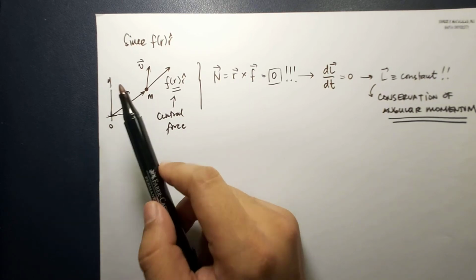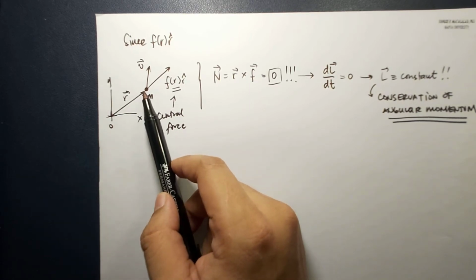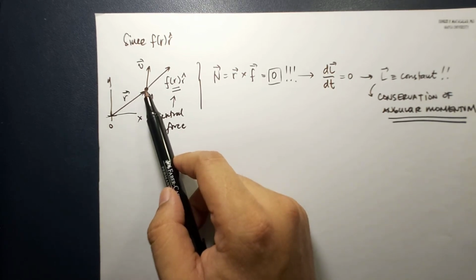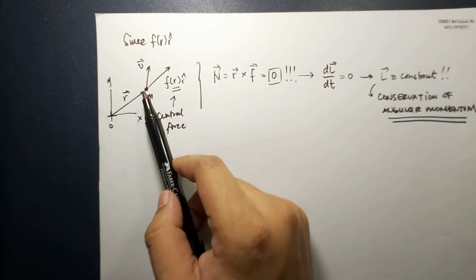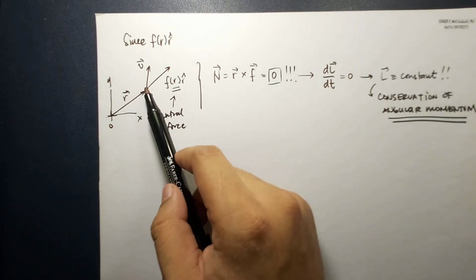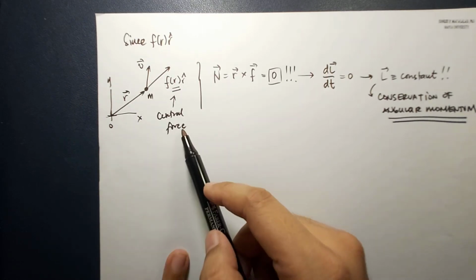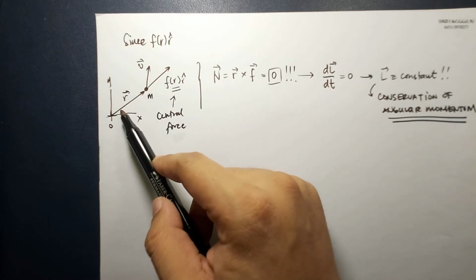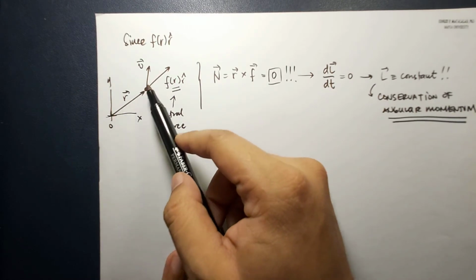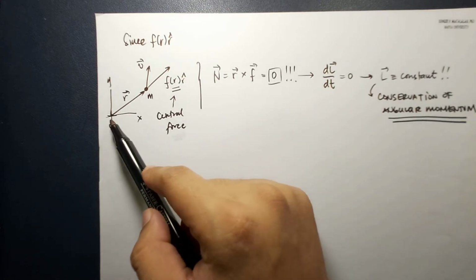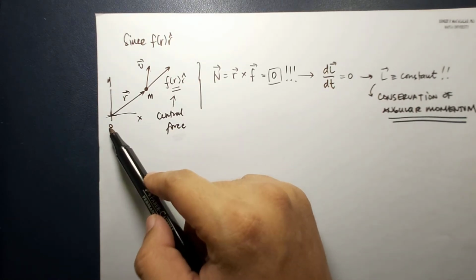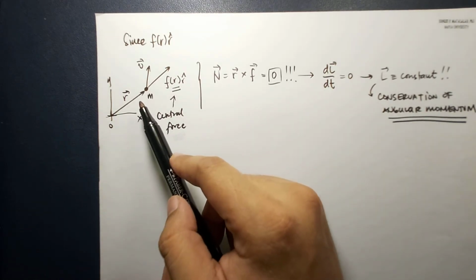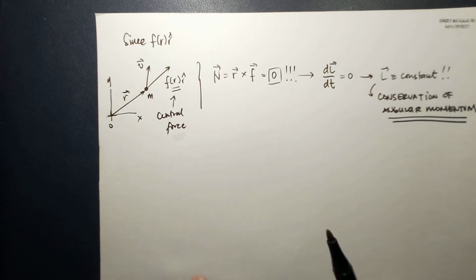Because that angular momentum is always pointing in the positive z direction and the magnitude is also constant, therefore R and V will remain in the X and Y plane. So if this is a planet, this particle will move in a plane.